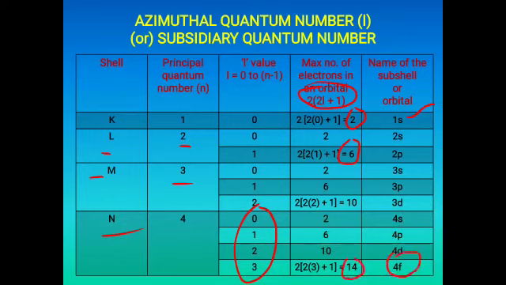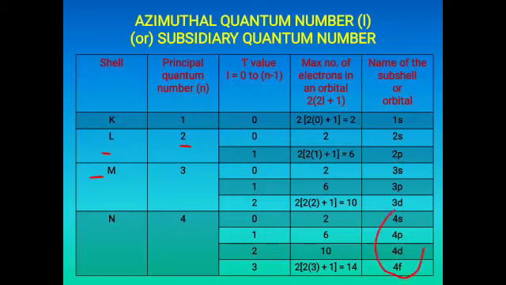So students, from this tabular column, we can identify the subshells present in each and every orbit and the number of electrons present in each and every subshell. So first orbit will have only one subshell, S subshell. Second orbit will have 2 subshells, S and P. Third orbit will have 3 subshells, SPD.